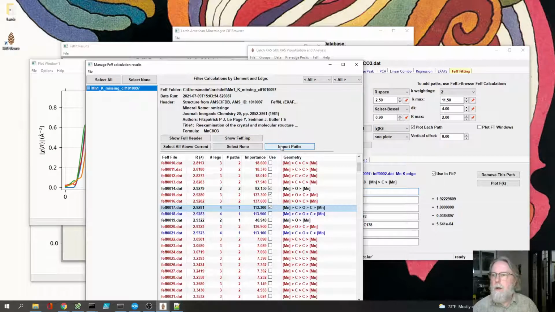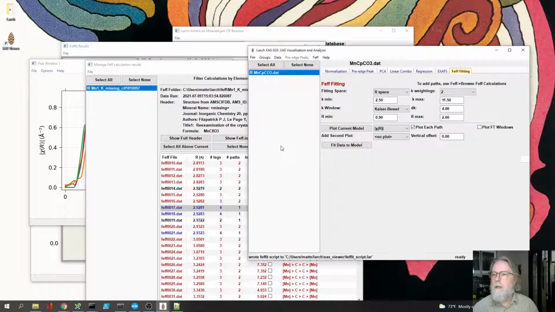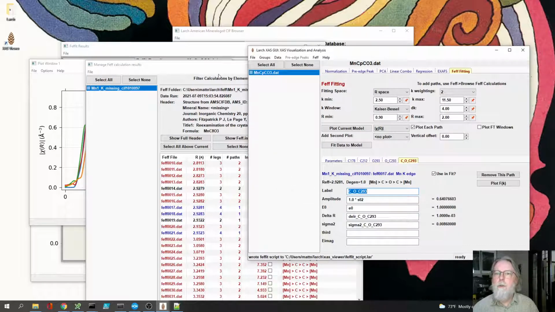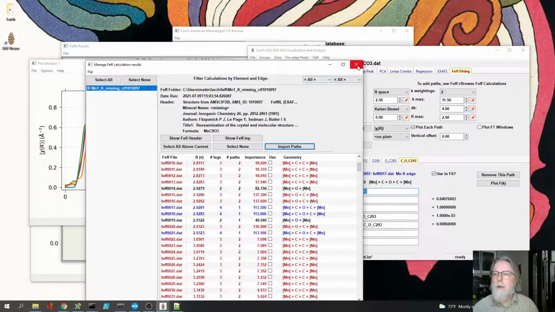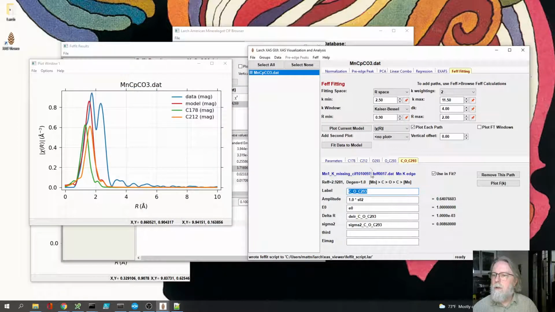Now, we already know that we're close to our limit of information. So I'm going to close this now. We now have carbon at 1.78, carbon at 2.12, oxygen at 2.93, oxygen carbon at 2.93, and carbon oxygen carbon at 2.93. Those are all the same.